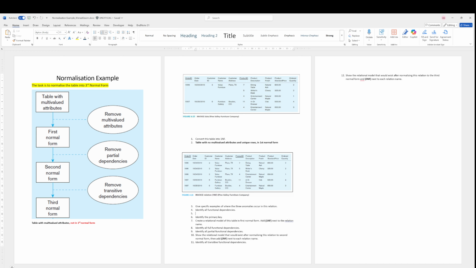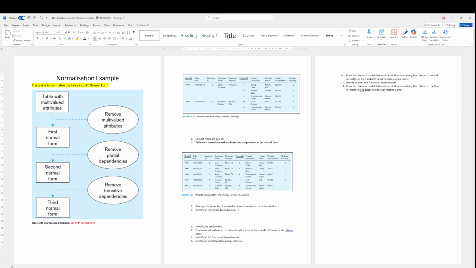Now I'm moving to identify all functional dependencies. When we identify the functional dependency, we need to follow the standards. So what are the standards? The value of one attribute, for example the value of this attribute here, will determine the value of the order date, and then it will determine the value of customer ID.